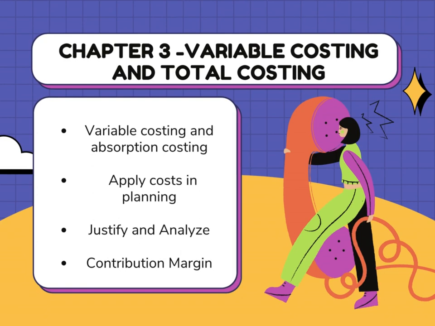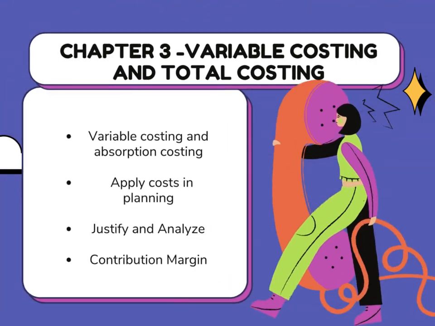Variable costing also plays a crucial role in various aspects of the planning process, administrative control, performance evaluation, and decision making within an organization. Here's how the variable costing concept can be applied in each of these areas: planning process, CVP and scenario analysis, administrative control, performance evaluation, and decision making.